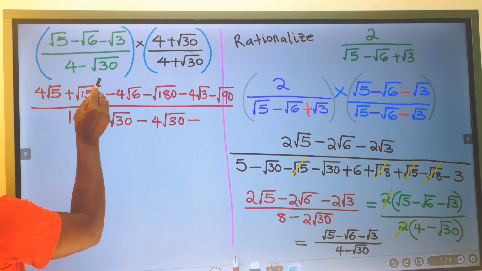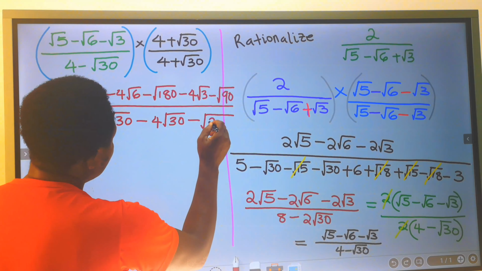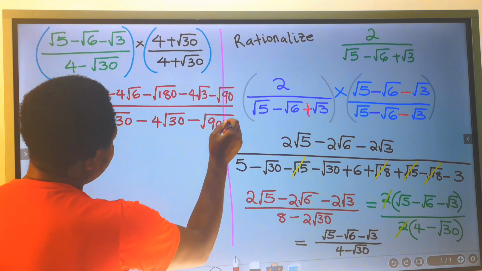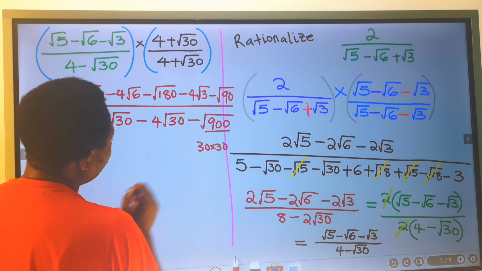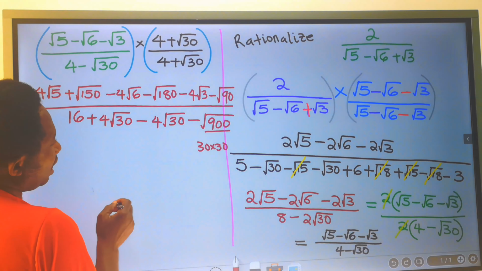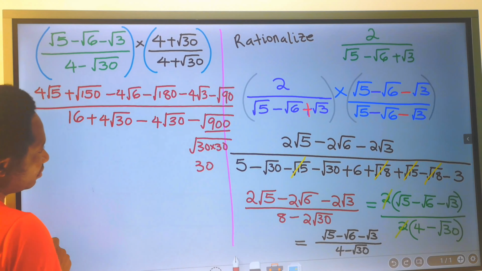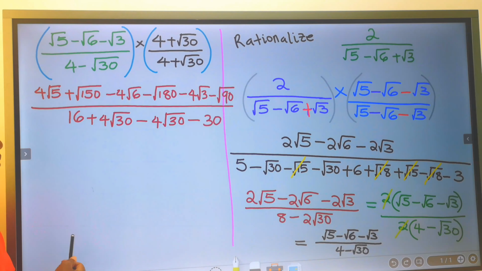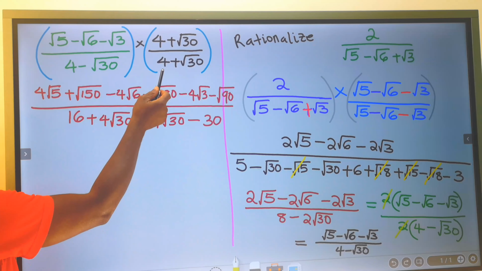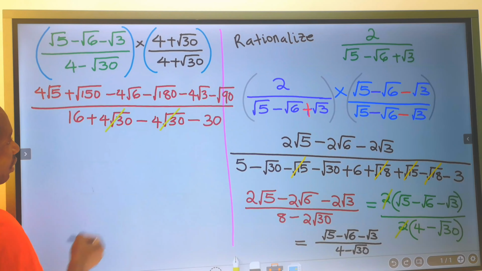The square root of 30 multiply the square root of 30. Inside the square root is going to be 30 times 30, and 30 times 30 will give you 900. The square root of 900 will return 30. Everything here becomes 30. Usually at the denominator, we'll say this times this and this times this, because the middle will always cancel out.